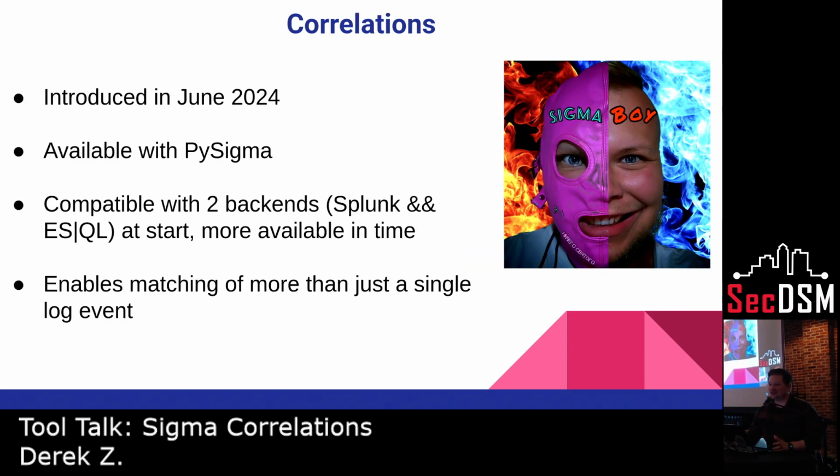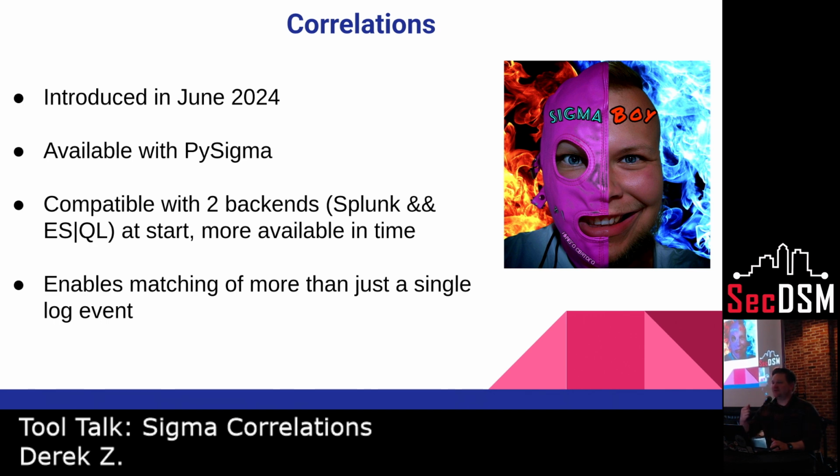Correlations are a relatively new feature, because in the past they did try to do something similar, in which they had a piped output for Sigma rules. It wasn't working super great, mostly because there wasn't a lot of support, and a lot of the burden was on specific communities for writing the backends for these Sigma rules as they get translated to those different platforms.